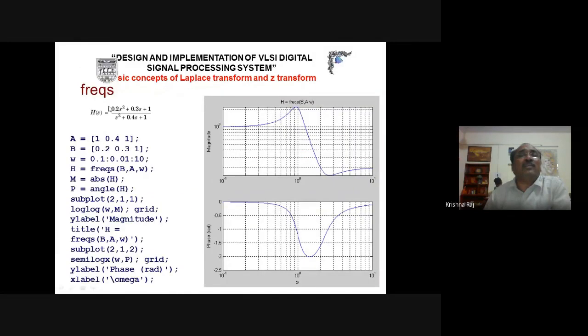Now, suppose we are interested in representing this H(s), then we have to define the matrices here: the numerator matrix and the denominator matrix. So a is described by the denominator values, that is 1, 0.4, 1, and b is the numerator values, that is 0.2, 0.3, and so on.